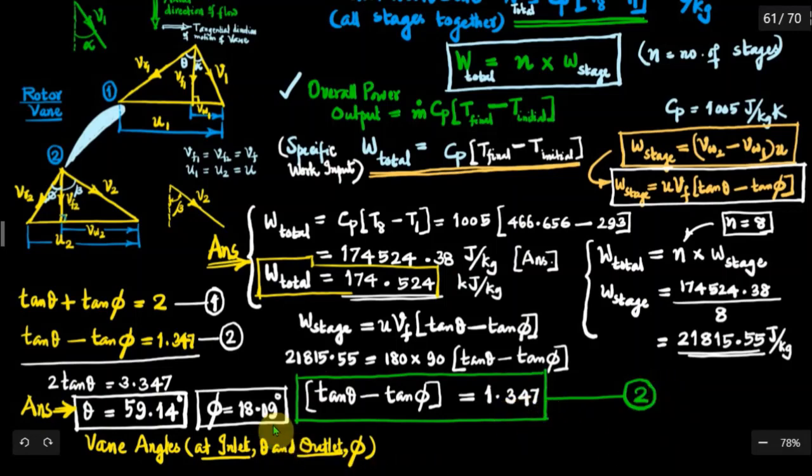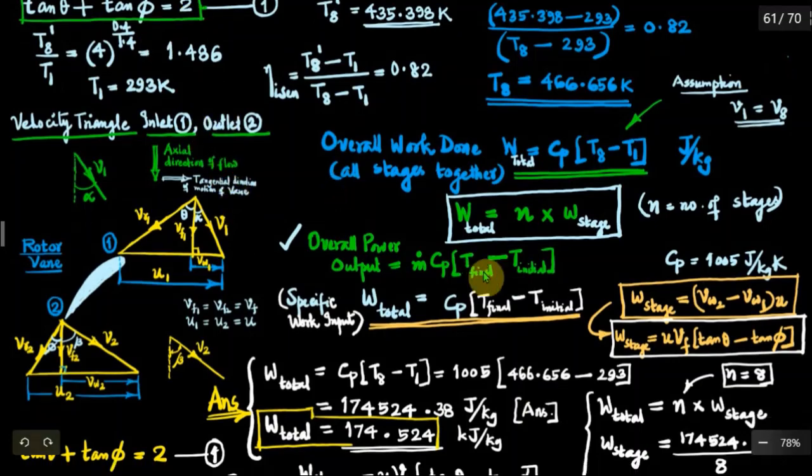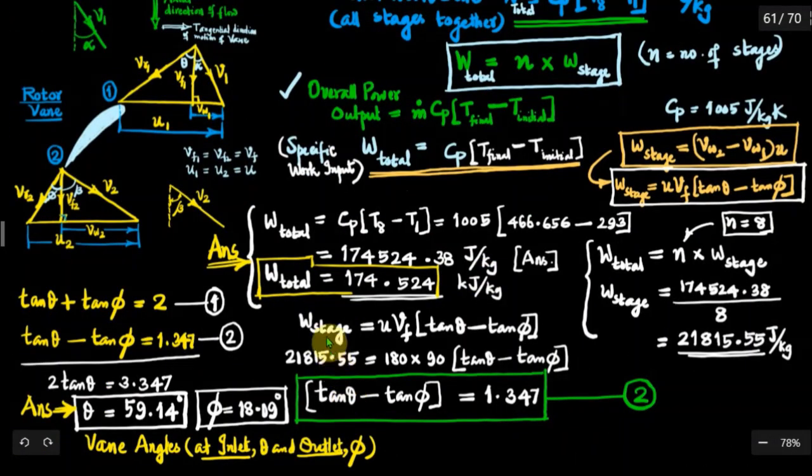And earlier we had obtained the equation tan theta plus tan phi is equal to 2 from the degree of reaction concept. And now we got from the work done in a stage that tan theta minus tan phi is equal to 1.347. So the sum of the two quantities is equal to 2 and their difference is 1.347.